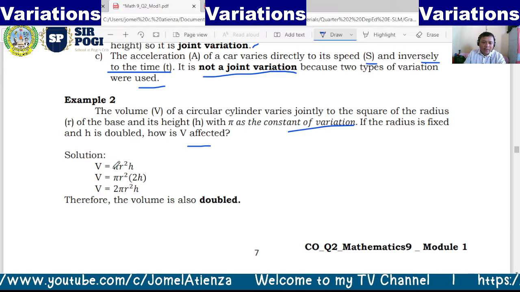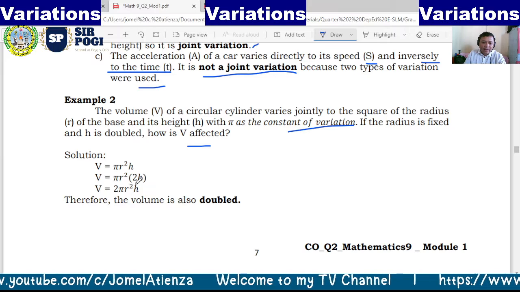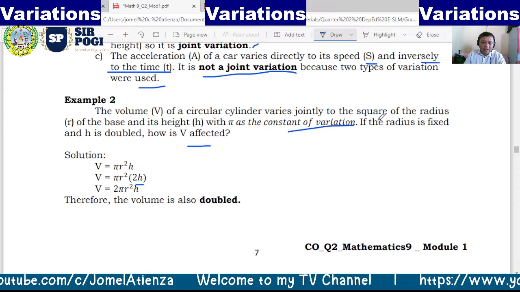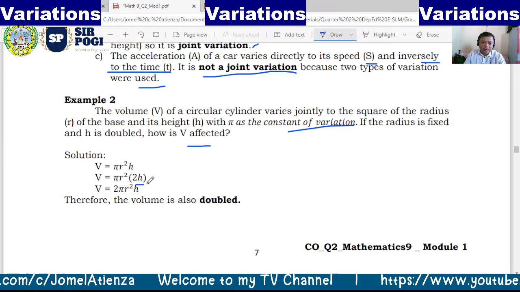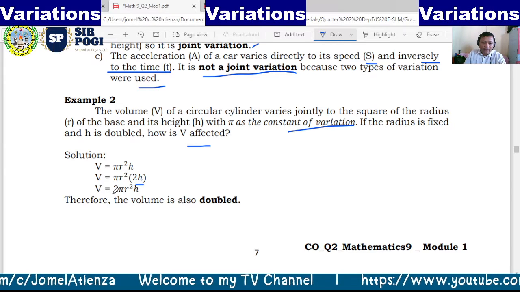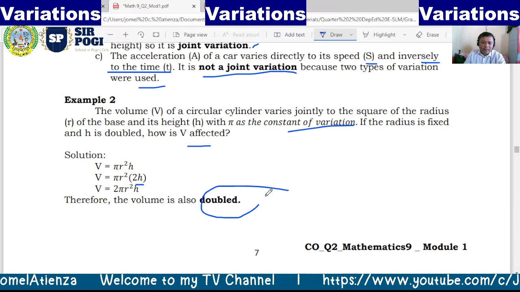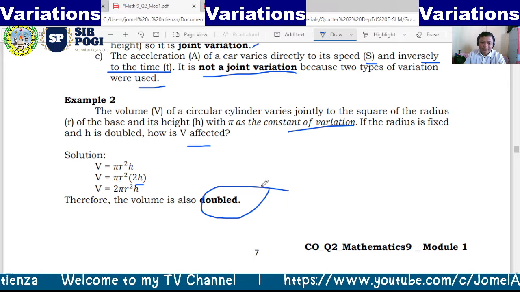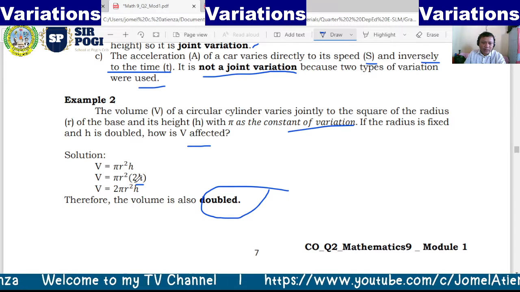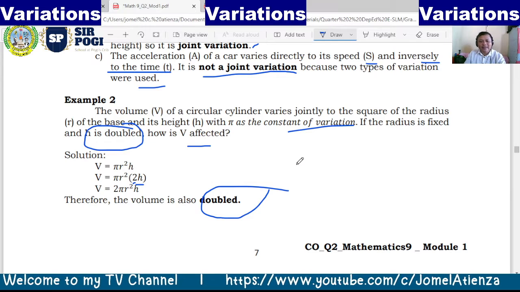So once again, ang volume po natin ay pi r square h. And then, kasi sabi dito, we have 2h. Di ba? 2h po yun. So therefore, we have 2 pi r square h. Double po yun. The volume is also double. Okay? Kaya po siya 2h. Double po yung ating height. Okay?